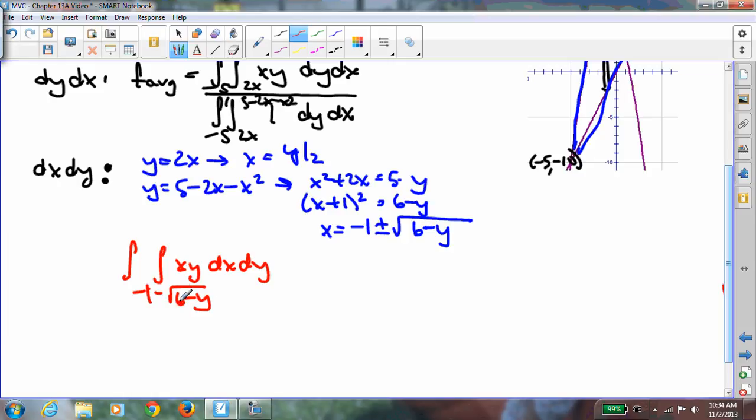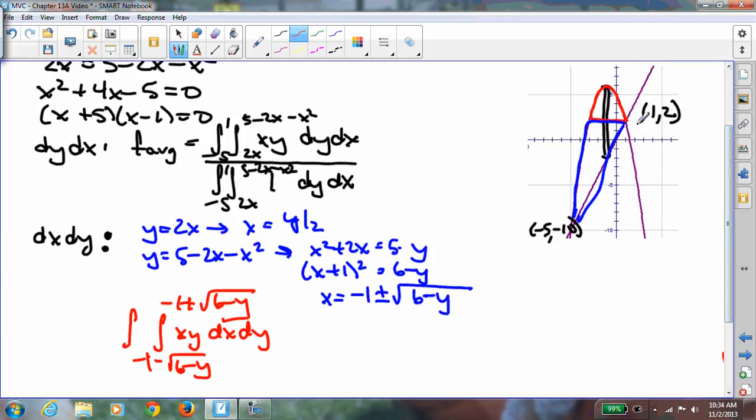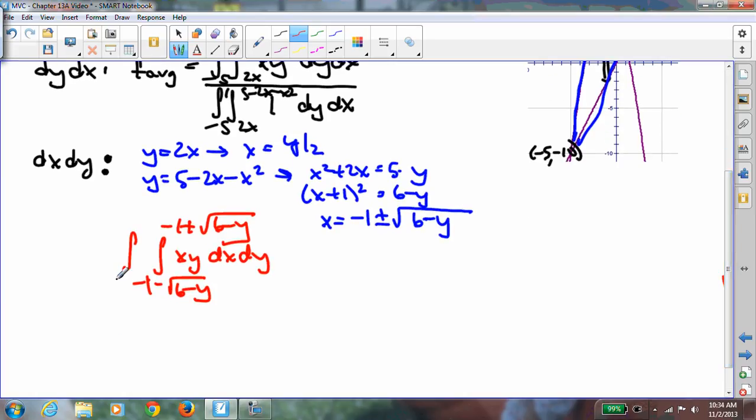The right side of the equation would be negative 1 plus the square root. And then if I define it for the y values, look at my parabola. The y values for this start at y equals 2 and go all the way up to the vertex, which is at 6. So my bounds for y would be from 2 to 6.